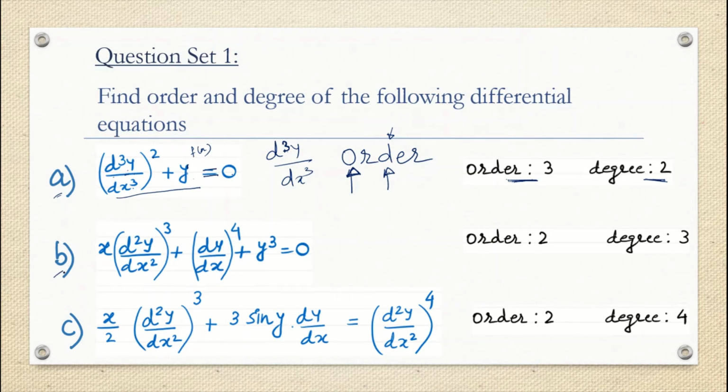The second question says x (d²y/dx²)³ plus (dy/dx)⁴ plus y³ equals 0. First of all, is the given equation a differential equation?